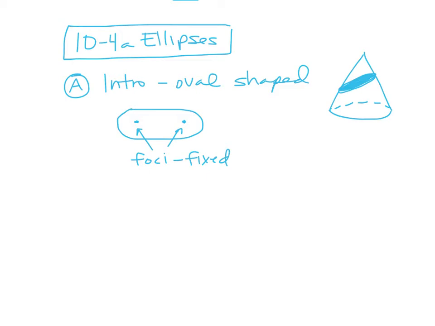One thing to understand about this: if I pick a point somewhere on my ellipse, the distances to the 2 foci added together, the sum of them, would be the same for any point that we choose. So if I pick this point here, the sum of those 2 distances would be the same as the sum of this line with that line. So that's what our foci will be telling us.